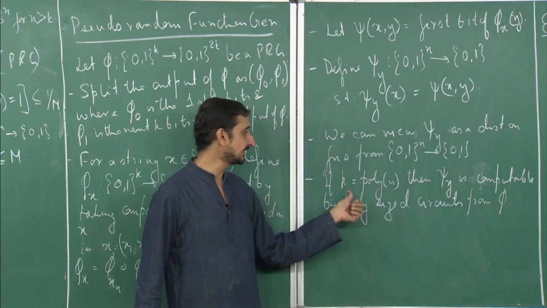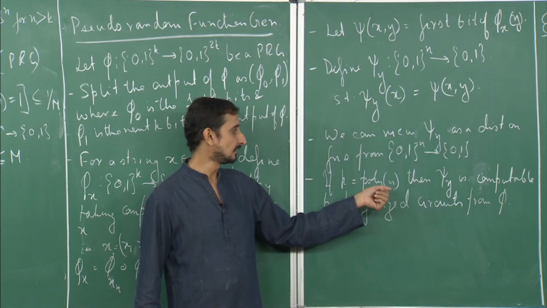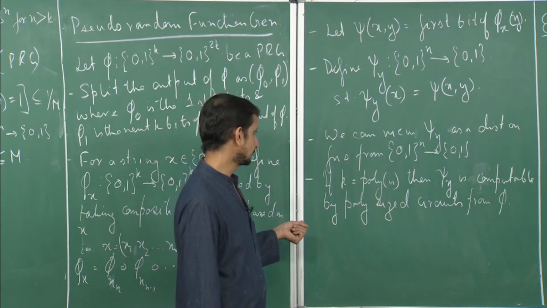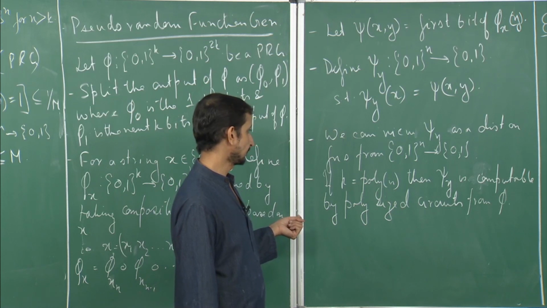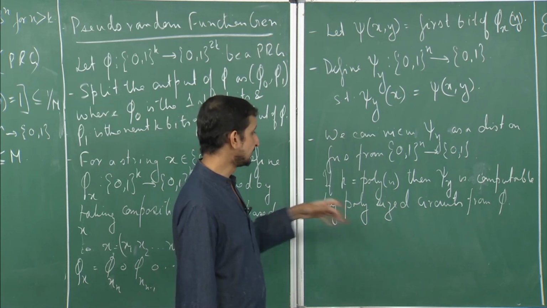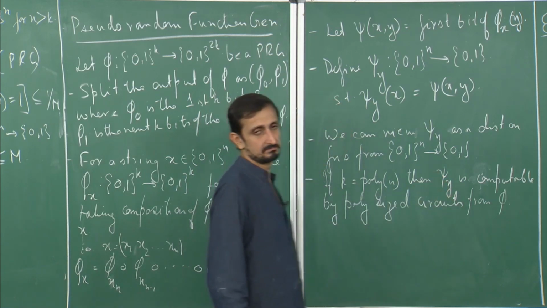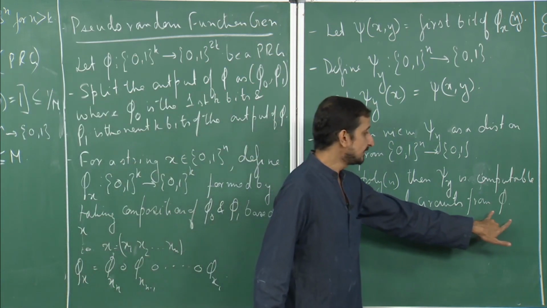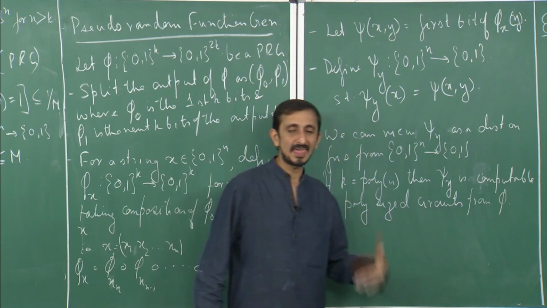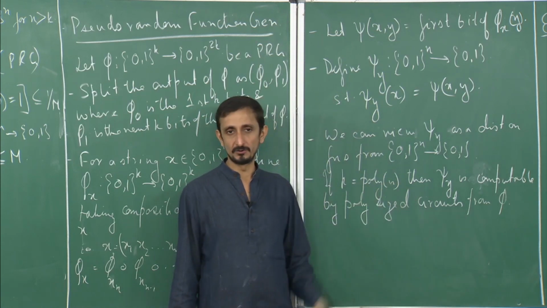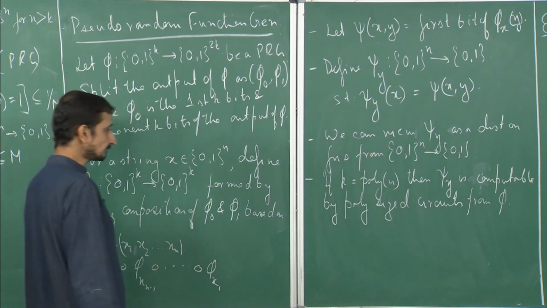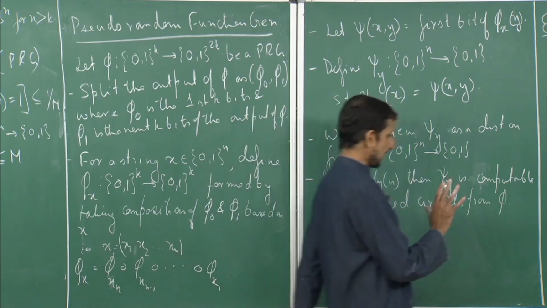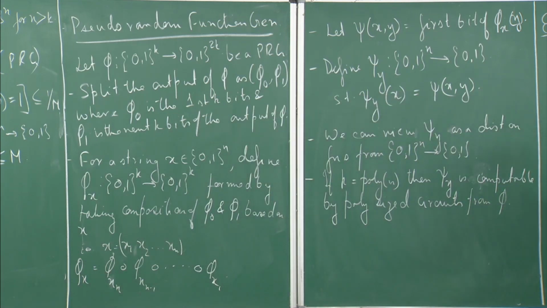And of course I am using the fact that k is polynomially bounded, because phi has to be polynomial in the size of n now. That is why k has to be polynomial in n as well. Okay, so any questions at this point?